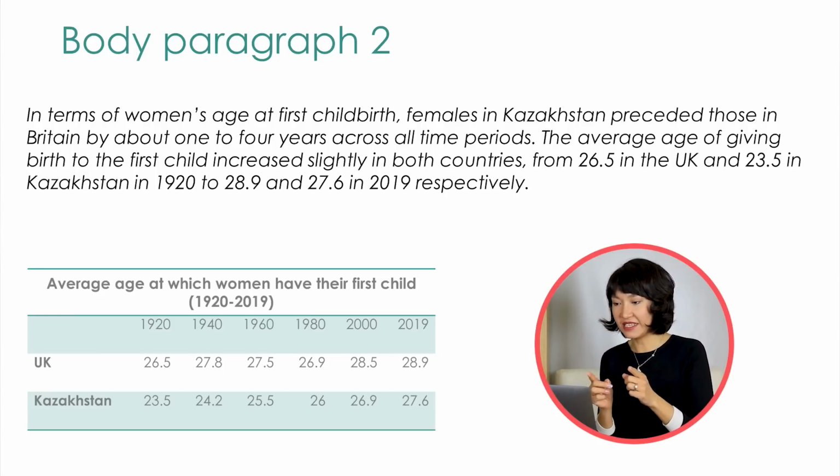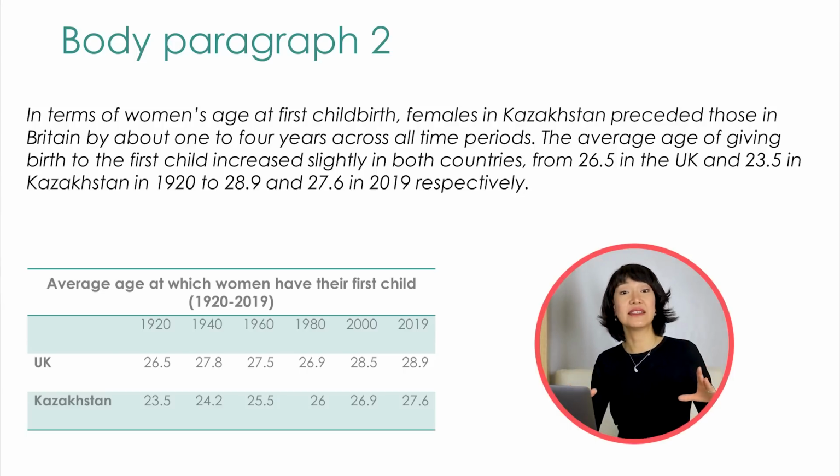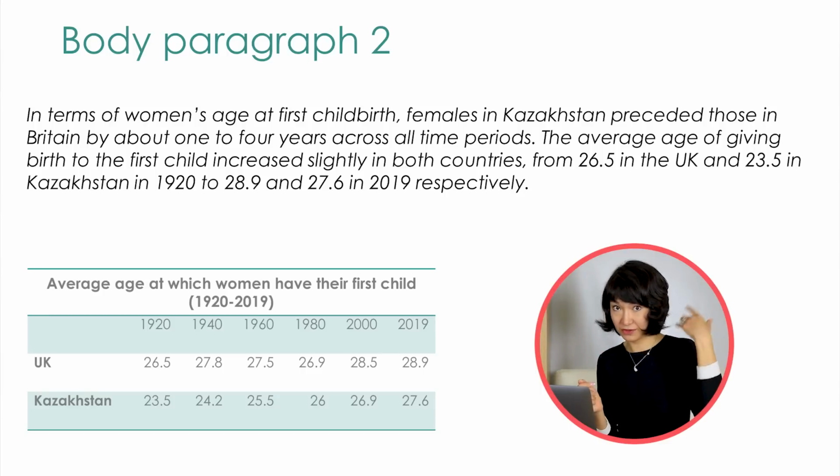I began it with the linker "in terms of women's age at first childbirth." So it tells us what this paragraph is about, and it also helps to link this paragraph to the previous body paragraph. Then, females in Kazakhstan, or women in Kazakhstan, preceded.